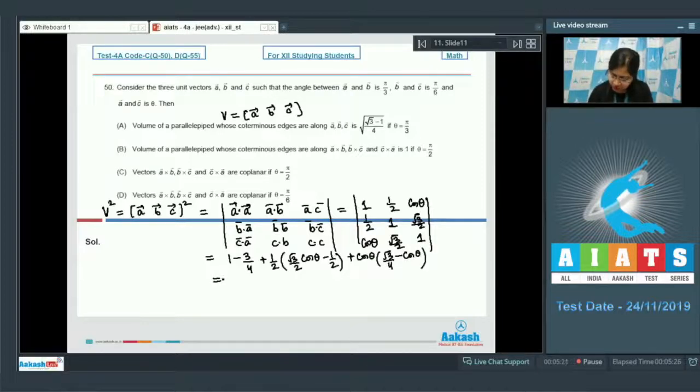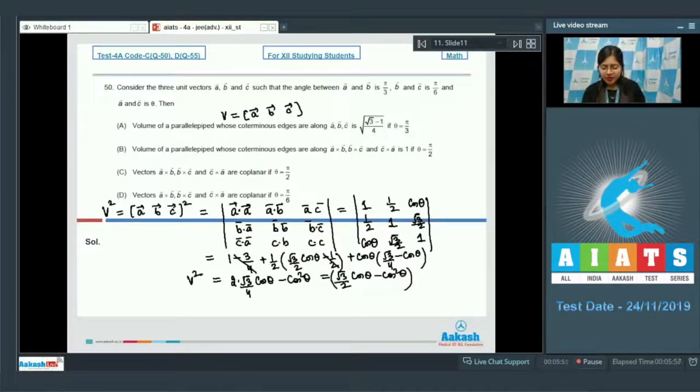So this is equal to, now here 1 minus 3 by 4 is 1 by 4, minus 1 by 4 from here will get cancelled. So we are left with root 3 by 4 cos theta plus root 3 by 4 cos theta, that is 2 times of this, minus cos square theta. So this is finally equal to root 3 by 2 cos theta minus cos square theta, right? So this is the value of V square.